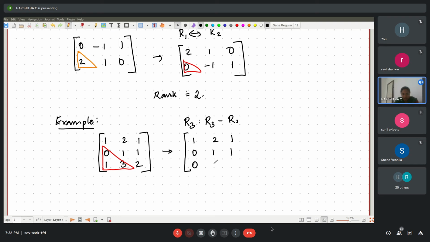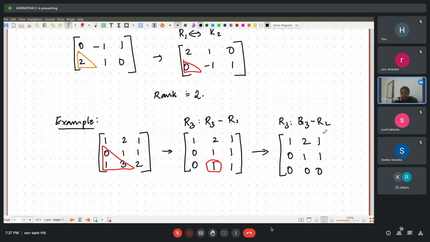This becomes 0. 3 minus 2, 1. 2 minus 1, 1. Now we want to make this entry also 0. So what will we do? Subtract row 2 from row 3. So when we do that, in the process what is happening?